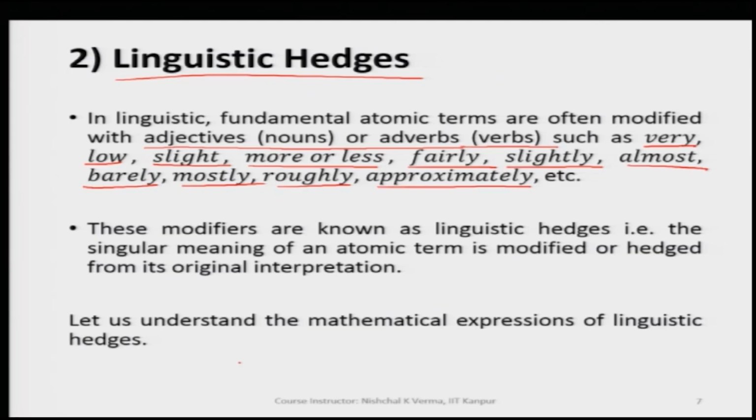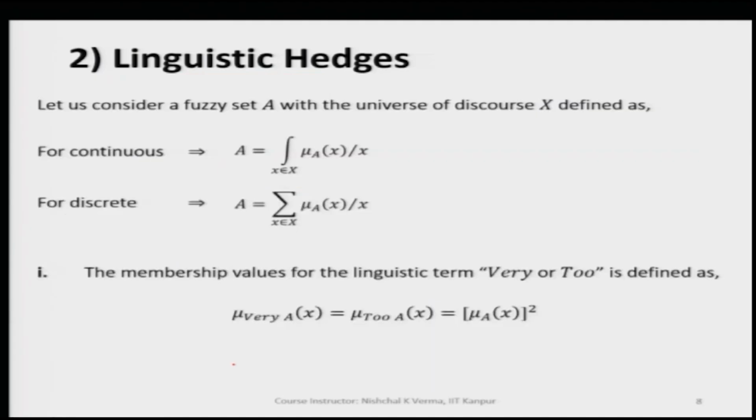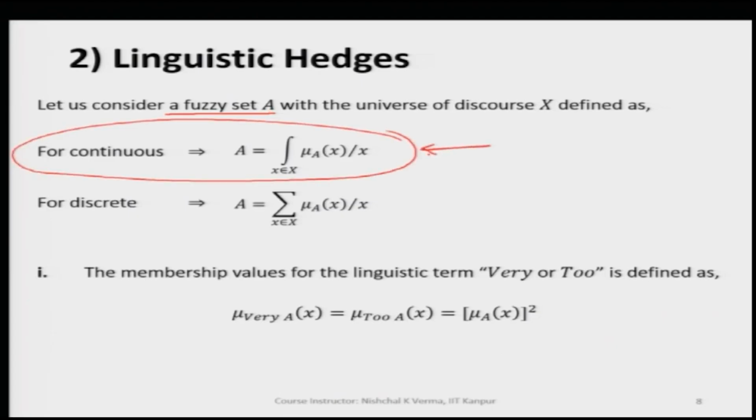So, let us understand this further with some mathematical expressions of linguistic hedges. If we have a fuzzy set, let us say A, and if it is a continuous fuzzy set, then we represent it like this.